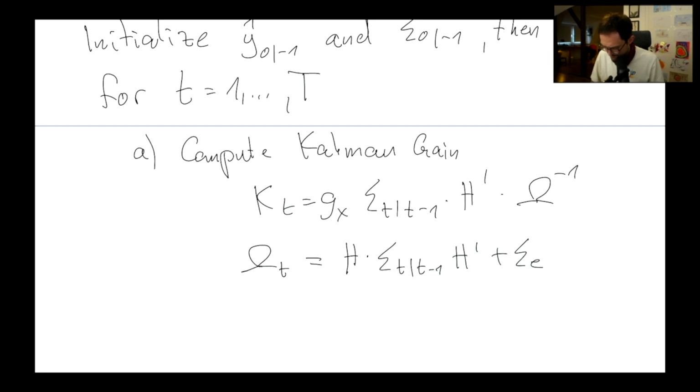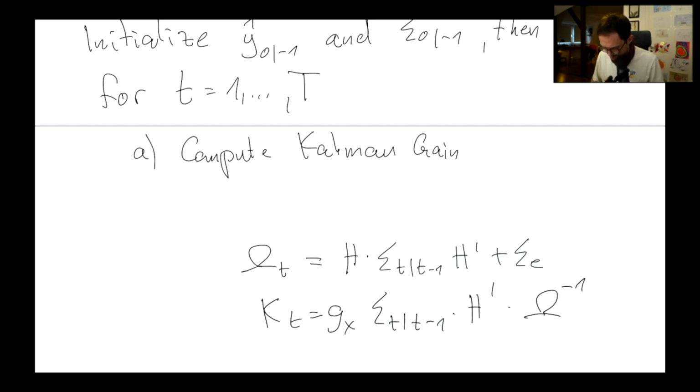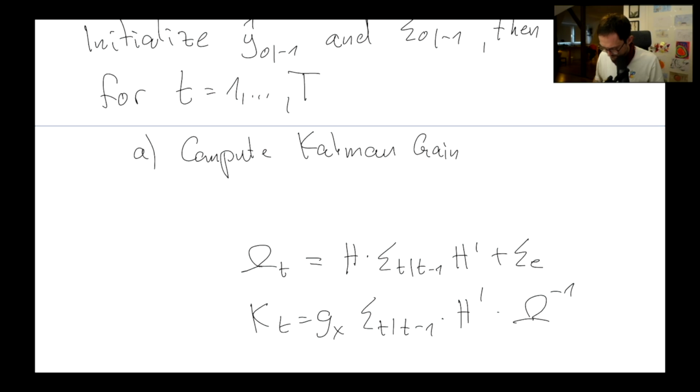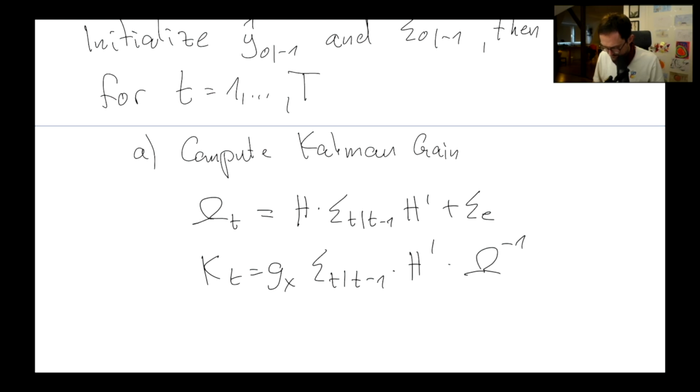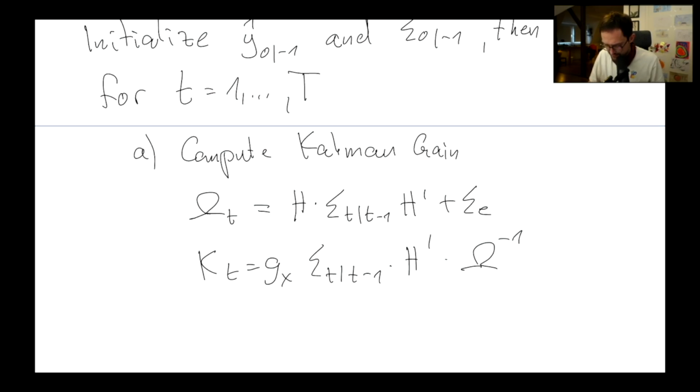So you should probably compute it the other way around: first compute this omega. We will see that omega has a special meaning. On the right-hand side, we know this matrix, we initialized it. Everything is known here, so I can compute everything. That's the first step.